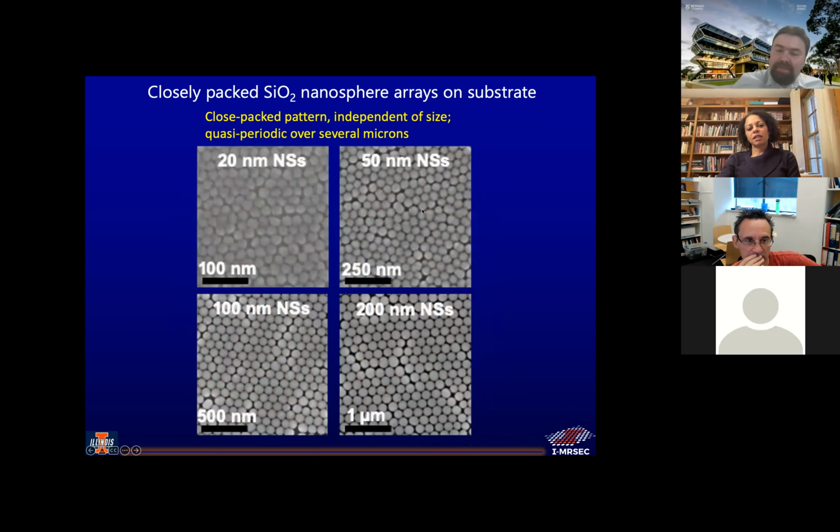So let's look at this one, the 50 nanometer nanospheres, or I don't know, the 200 nanometer, right? You can kind of see that it's crystalline within this whole region here. Right. And then there's a domain boundary there. Yeah. And then it's crystalline there again. It's a little harder to see for the smallest ones because they're a little bit more irregular, but what we find is in general, if you look at these length scales, you get something that's polycrystalline on about the 250 nanometer to micron length scale.